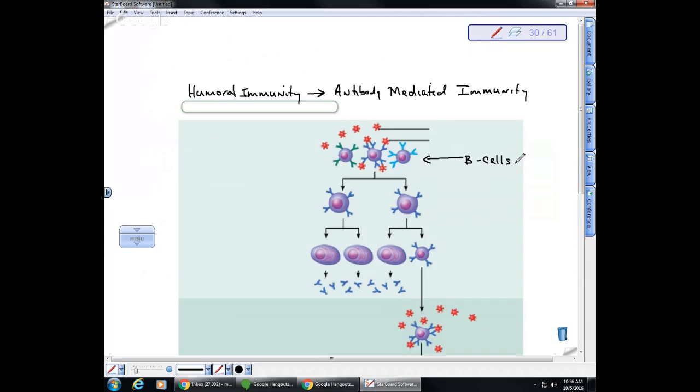Right? So notice how they have different, it's kind of hard to see, but they have different antibody receptors on their surface, but each cell has only one type of antibody receptor, right? So you don't see a dark blue, light blue, and a green on a single cell, right? They all have the same. So this would be the antigen, right?